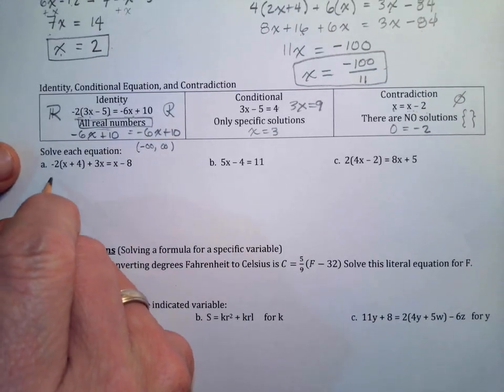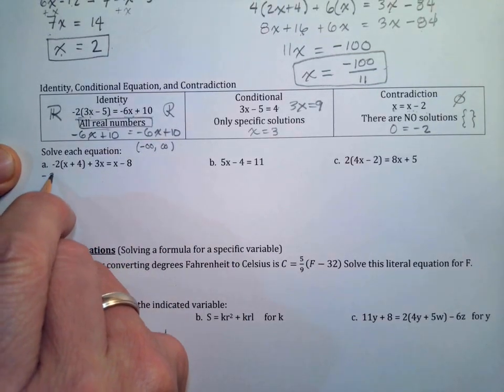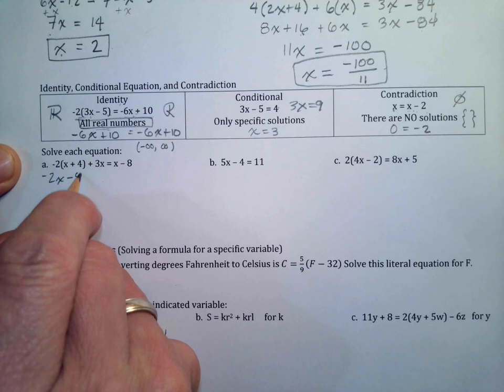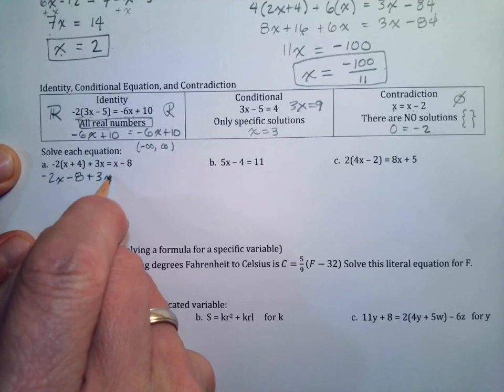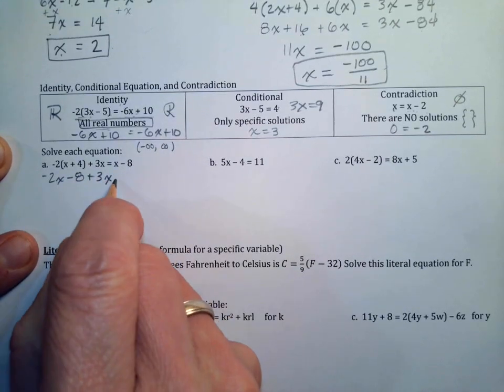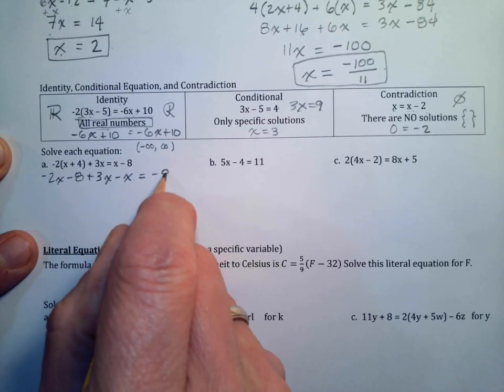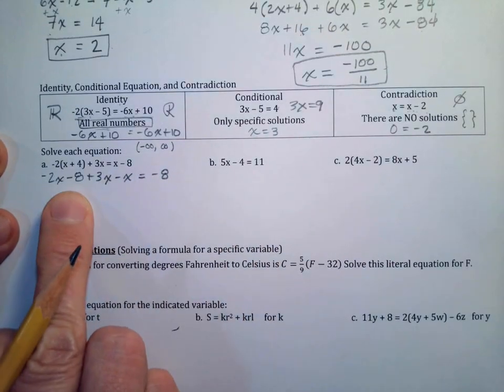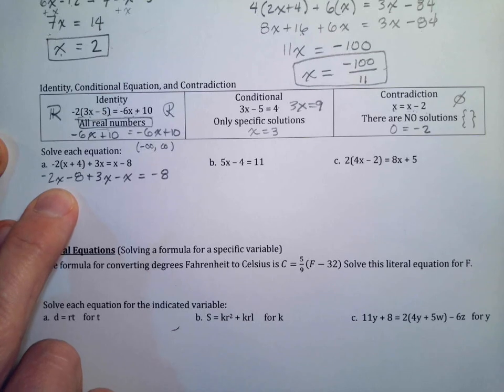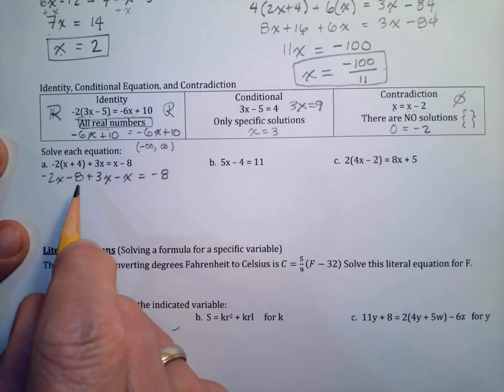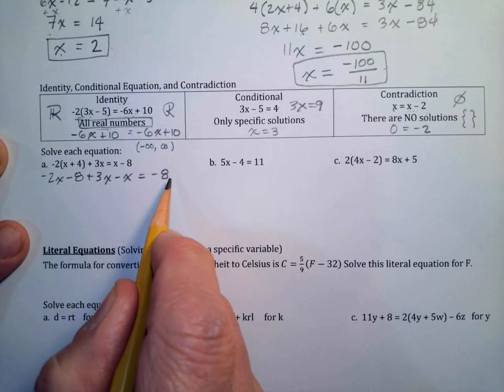All right, so I'm going to go ahead and solve these. So that's a negative 2x minus an 8 plus 3x. And then if you wanted to, you could bring those over, minus an x, and then negative 8, right? So I'm going to bring the x's to the left and maybe take the constants to the right. So I'm going to take this 8 to the other side.